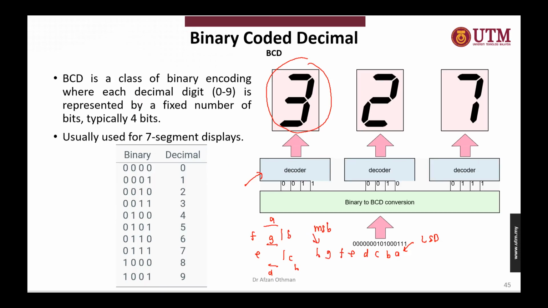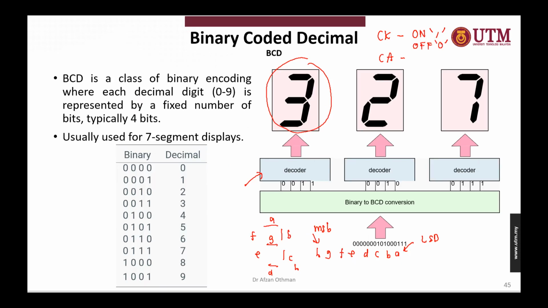The 7-segment has two configurations: one is the common cathode configuration, and the other is the common anode configuration. For the common cathode, in order to turn on the LED, you need to give 1. Give 1 and the LED turns on; give 0 and the LED turns off.